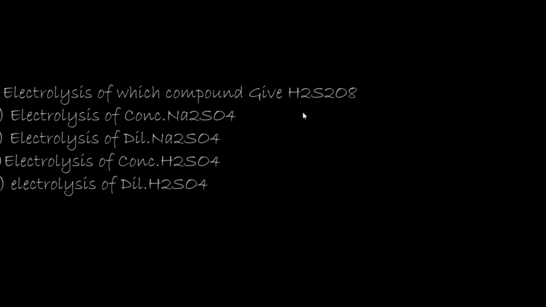Electrolysis of concentrated sodium sulfate will produce oxygen at the anode and H2 at the cathode, so there is no formation of H2S2O8. What about dilute sodium sulfate? In this case, again O2 and H2 will be produced.